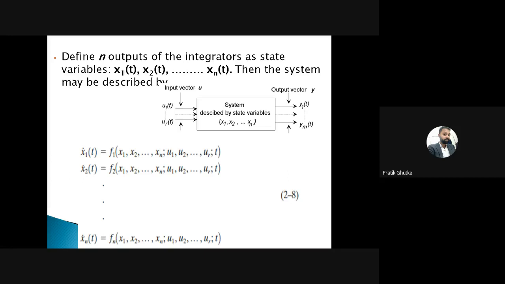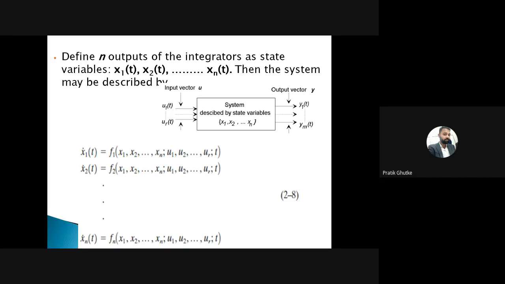So how can we define the equations? x1 dot of t is a function f1 of x1, x2 up to xn, and the inputs u1, u2 up to ur of t.